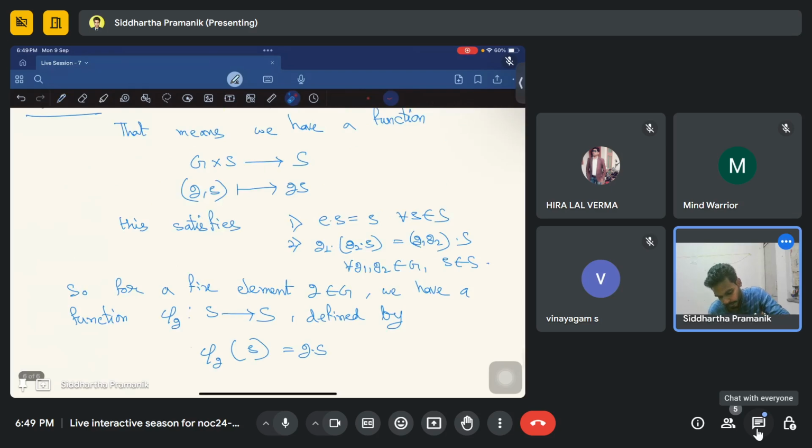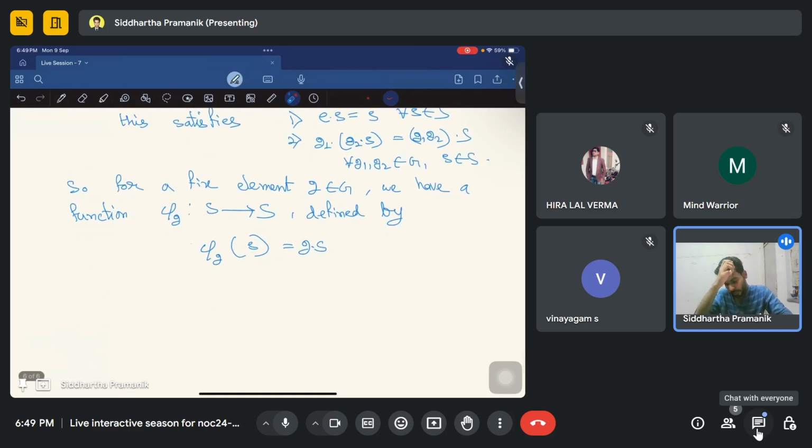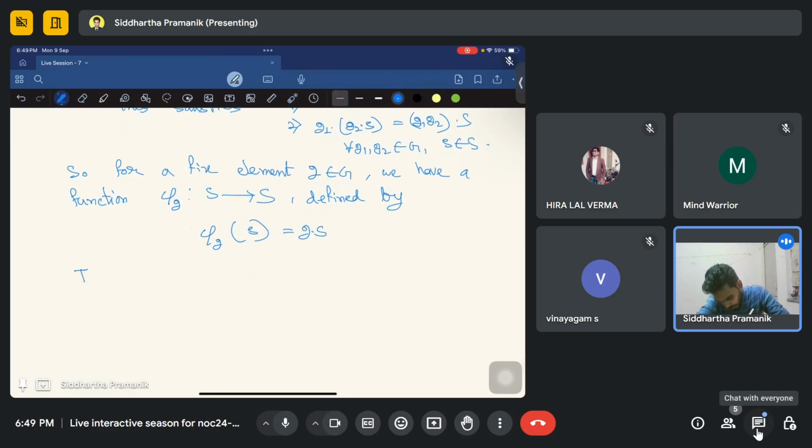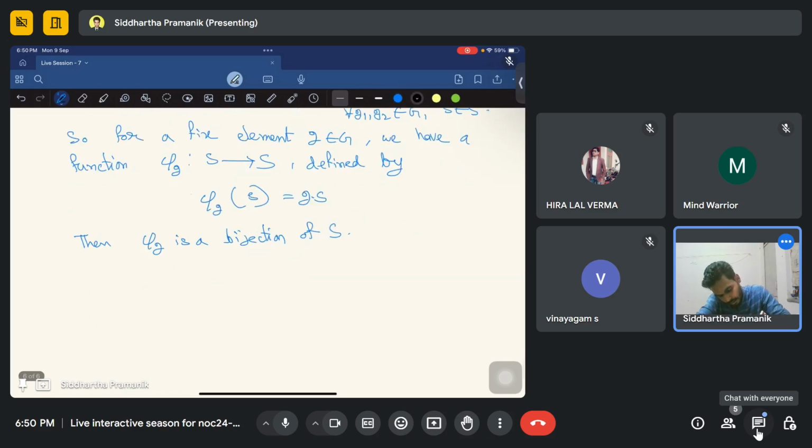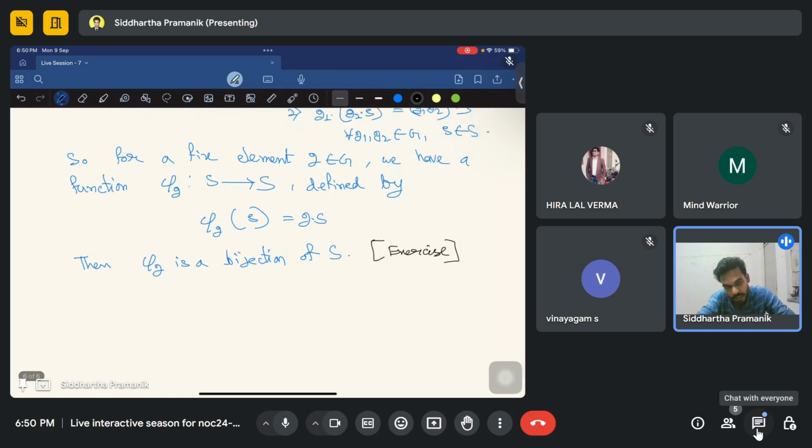So we are just fixing the first coordinate of this function. I hope you have understood this. Then phi_g is a bijection of S. This thing is an exercise for you. You can check by yourself, or you just imitate the proof of Cayley's theorem.